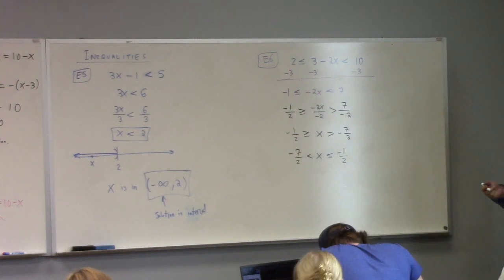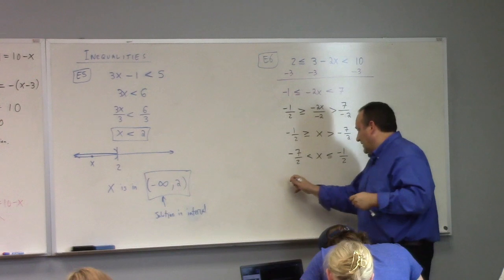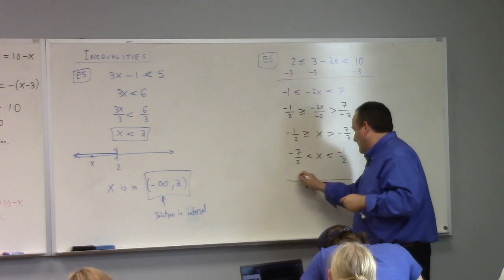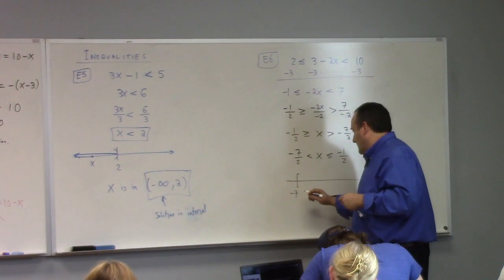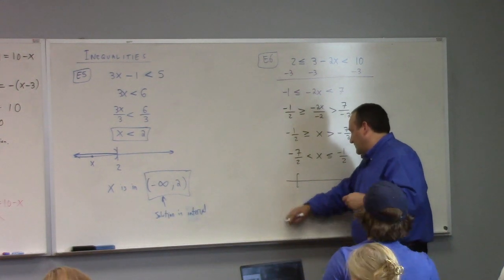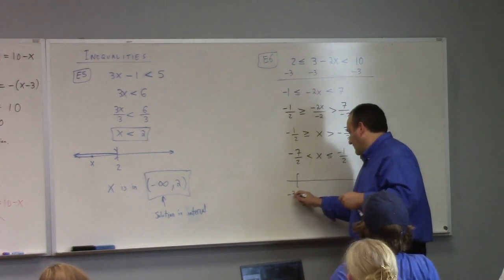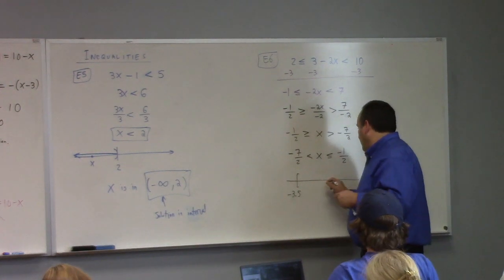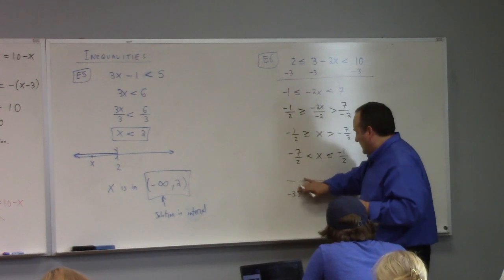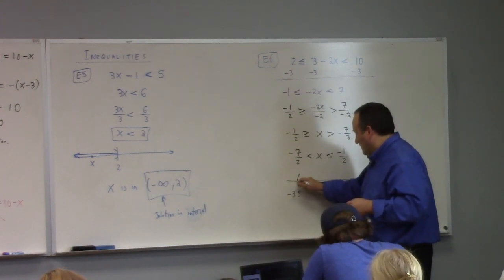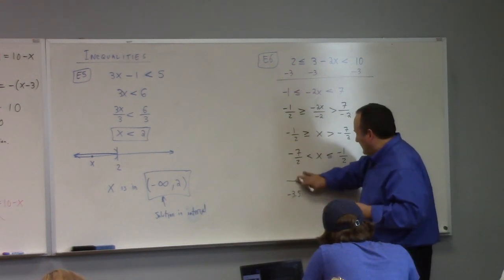What does this mean? Graphically, if we think about the number line, you've got your minus 7/2. And minus 7/2 is really what? If I use decimals, it's minus 3.5, right? And I should really write like a parenthesis kind of thing here. Honestly, let me use the other notation.